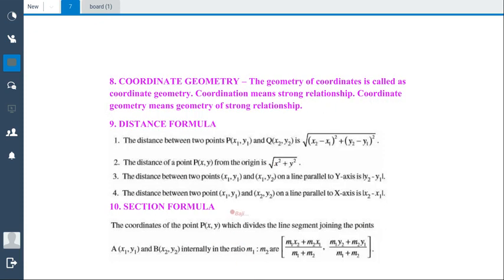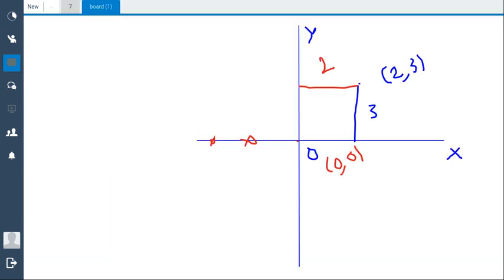So if we substitute in that formula, then we will get the point as x2 minus x1. You can see it here. I will explain here on that board. So the formula is square root of x2 minus x1 whole square plus y2 minus y1 whole square.